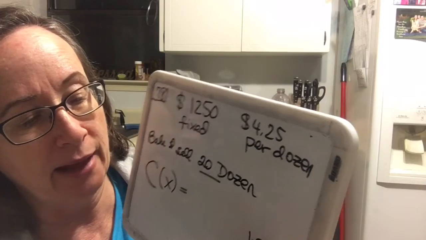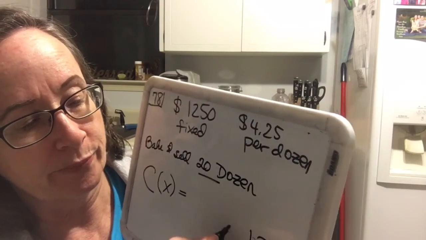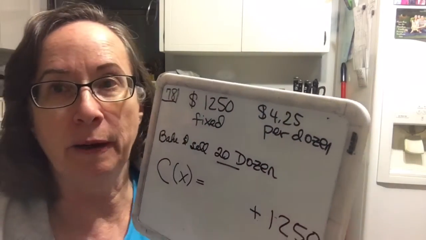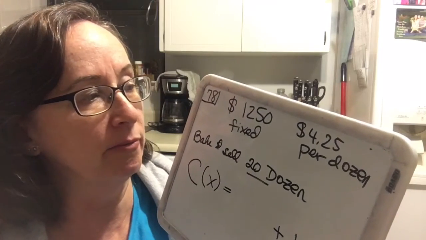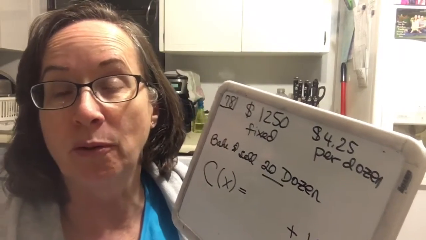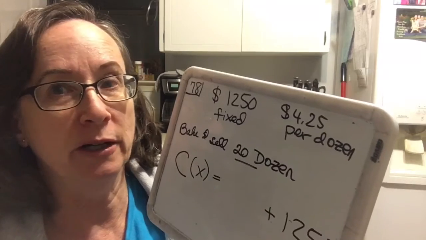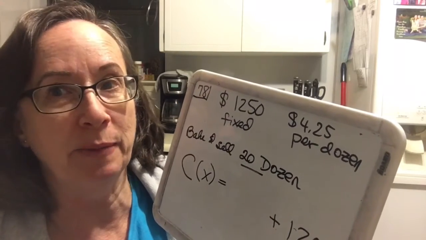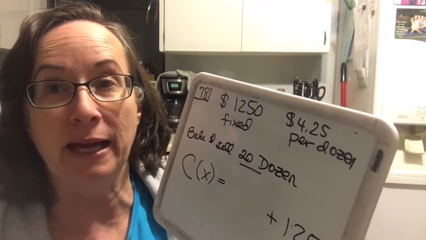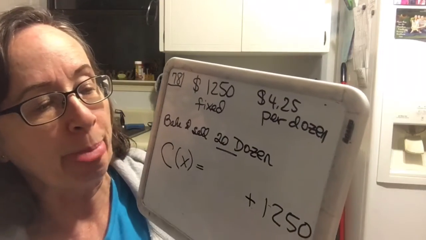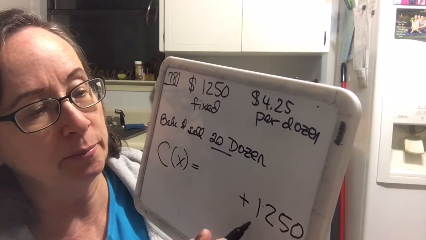Okay, so I'm going to add that. That's usually your overhead. He has employees that are baking cookies all the time. No matter how many he bakes, they're still getting paid a certain amount. Okay, so overhead and employees.